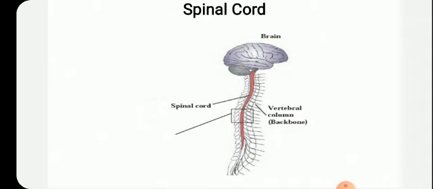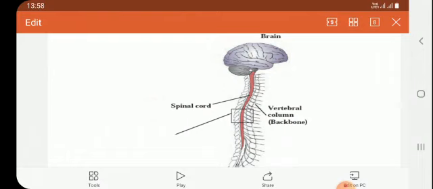It does the important work of conduction of impulses from the skin towards the brain. Whatever impulses or sensations our skin is getting are passed to the brain by means of the spinal cord. The second important function is passing the impulses from the brain to the glands and to other cells also.